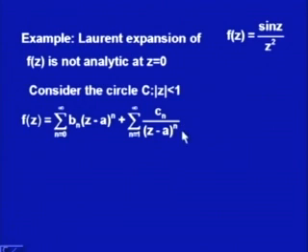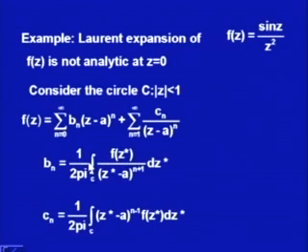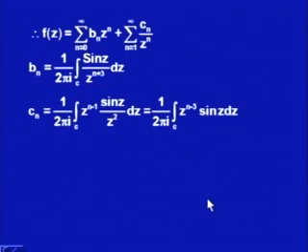So, this is in negative powers of z minus a and this series is in positive powers of z minus a, and here we have to consider that modulus z is positive, and the formulae for b_n and c_n are obtained as we have already done.